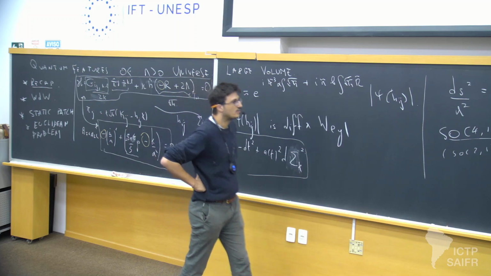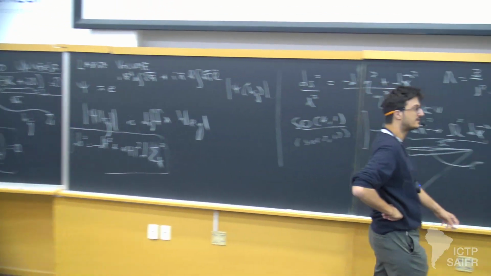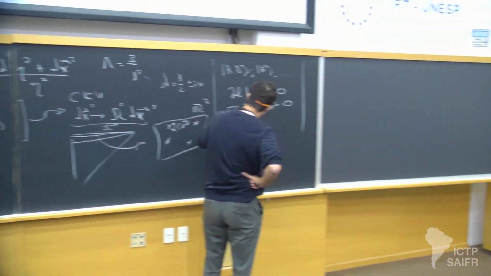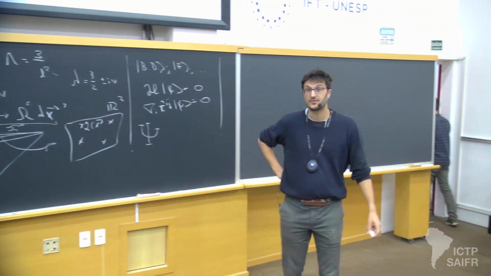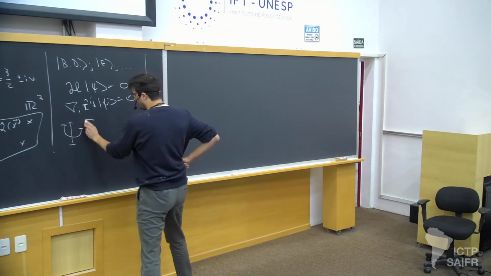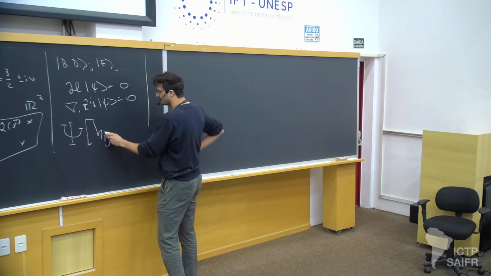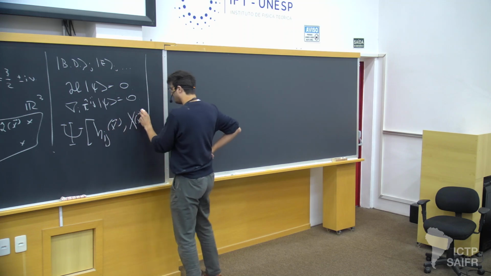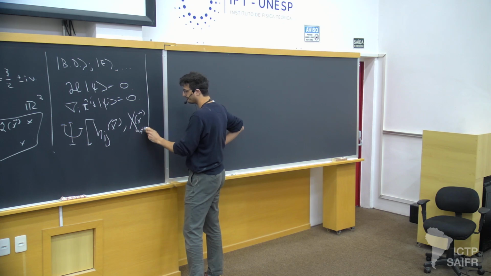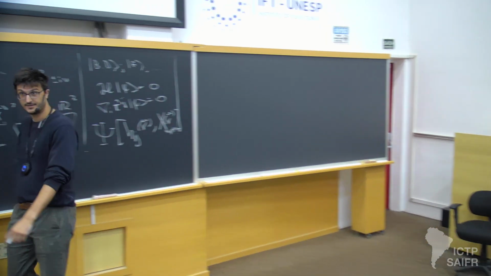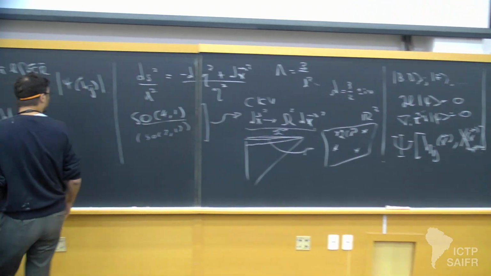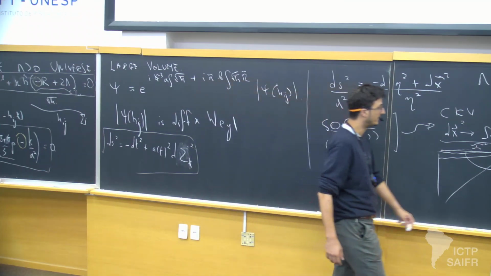And so the postulate is that there exists in the Hilbert space of effective field theories of gravity coupled to matter, yeah, there exists functionals of matter fields and metric field configurations, yeah, that satisfy these equations, okay?